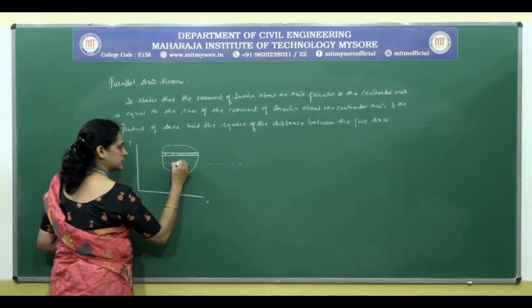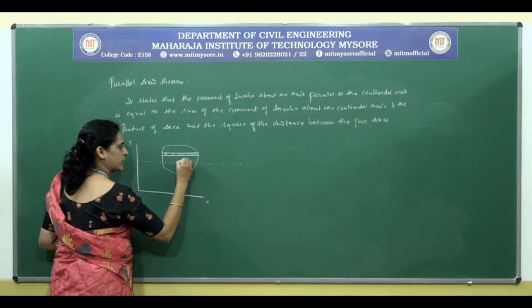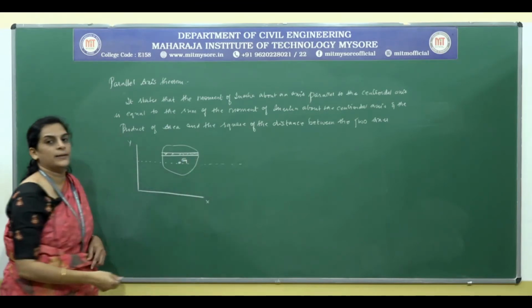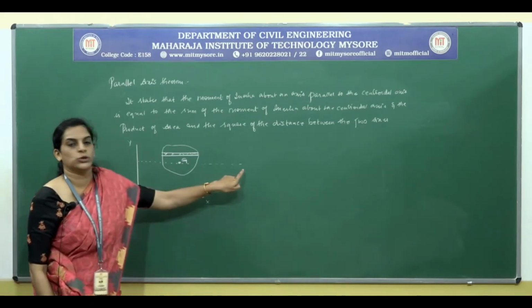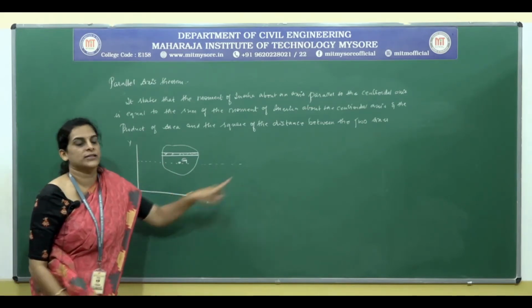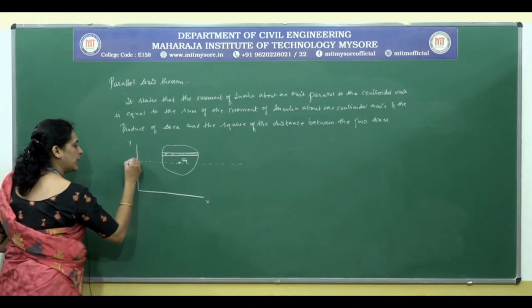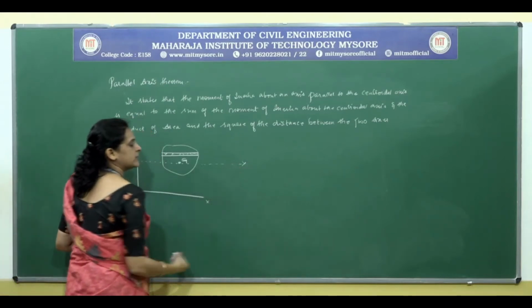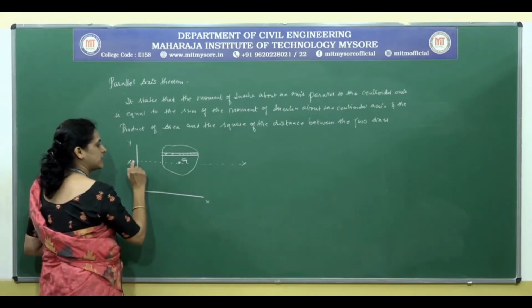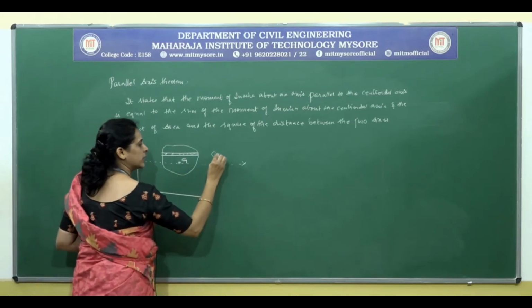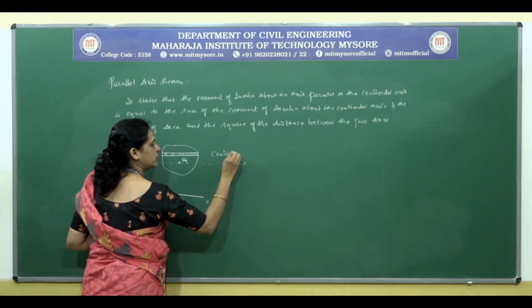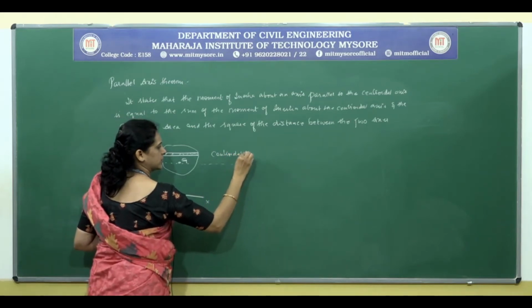This is the centroid represented by point G. So the axis that passes through the centroid is the reference axis. We'll name that as XX. So the axis that passes through the centroid is the centroidal axis.